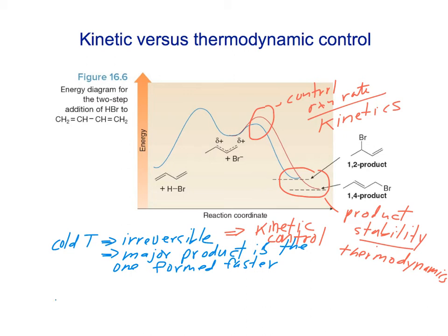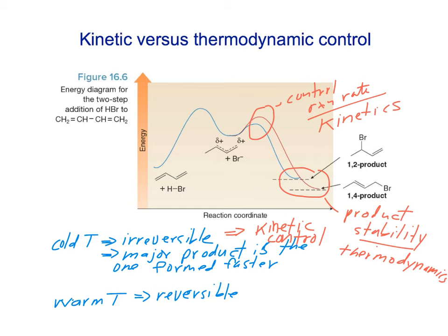If we do this at a warm temperature, now there's enough energy in these products to go backwards and go over that hump back to the intermediates. So at a warm temperature, this reaction becomes reversible. So that means it's under equilibrium.